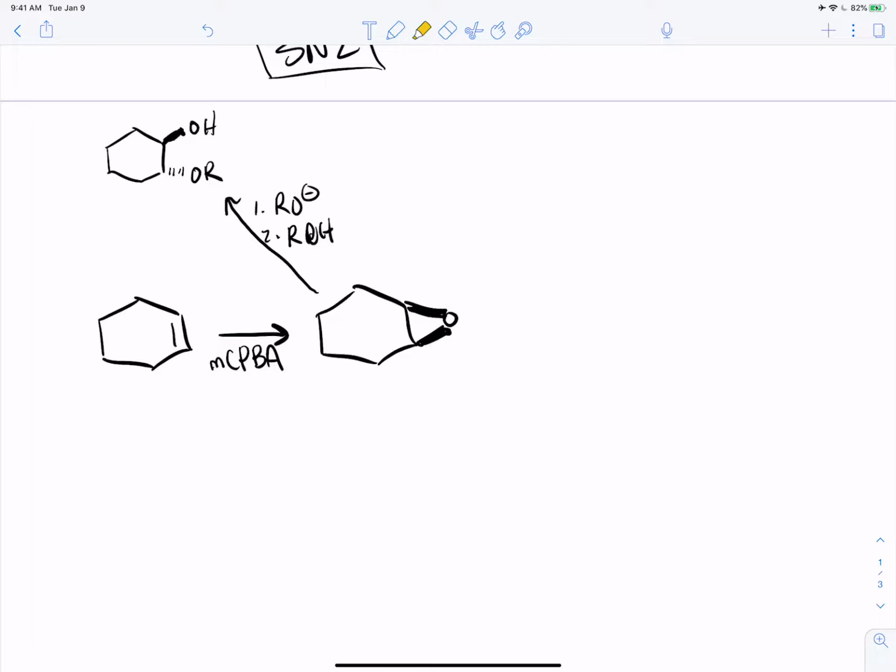And you'll notice that when the epoxide ring opens up, I see what I would expect from an SN2 reaction, which is that the stereochemistry gets inverted. Okay, so all the rules that we learned for SN2 hold here. It just takes a little while to get used to the idea that this leaving group actually stays as part of the molecule, and that can be a little bit confusing, I think.